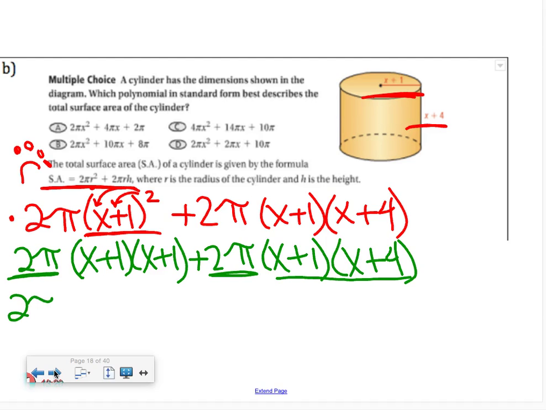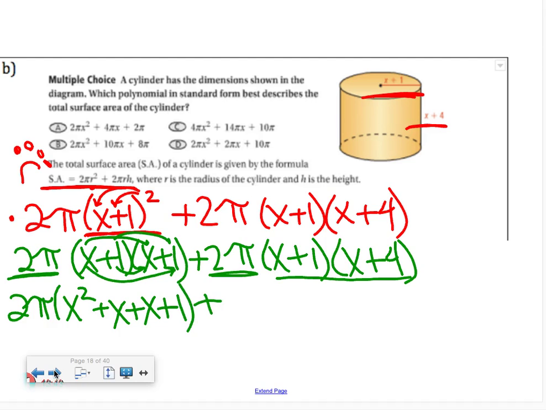So now I have 2 pi, and now we're going to FOIL. We have x times x, so that gives us x squared. We have x times 1, so that will give us plus x. I have 1 times x, so I'm going to have plus x. And then we have 1 times 1, so plus 1.